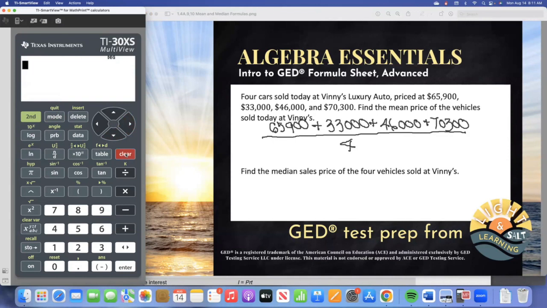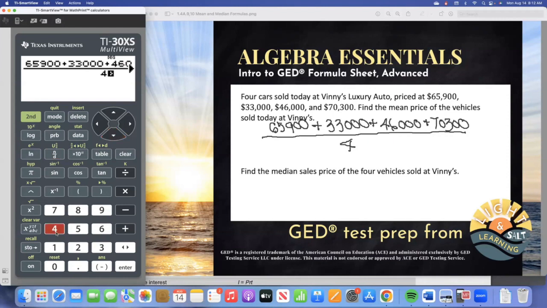And now when you're in math print mode, if you press this fraction button, the N over D button, you're going to see this nice horizontal fraction bar where you can type as much as you want on the top. So what is it? 65,900 plus 33,000 plus 46,000 plus 70,300. And that is my numerator, my top of my fraction, that entire group, the entire total.